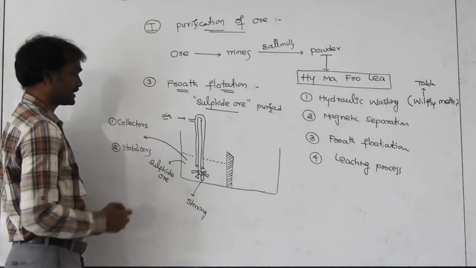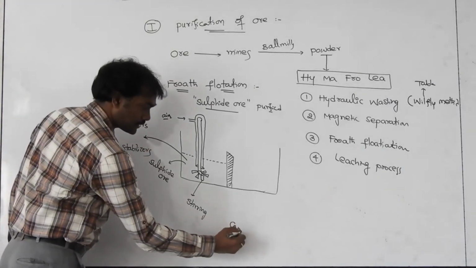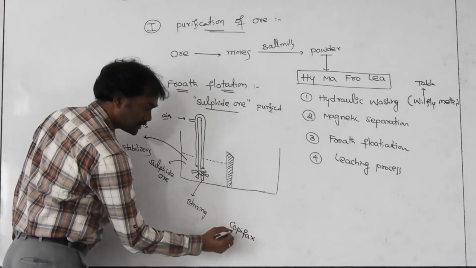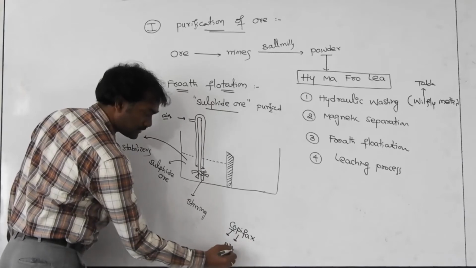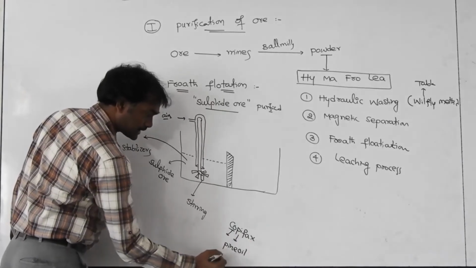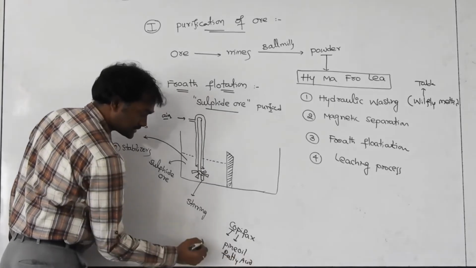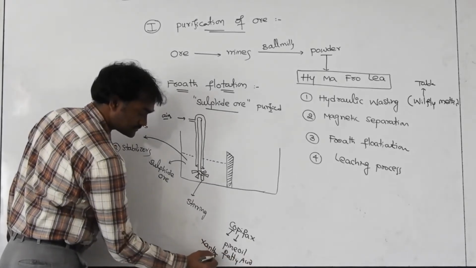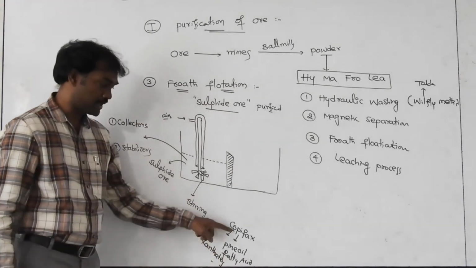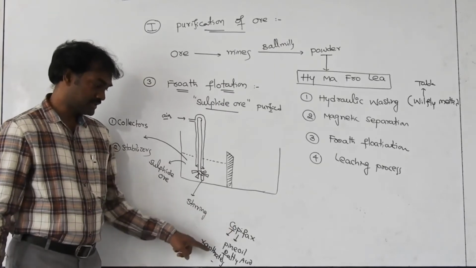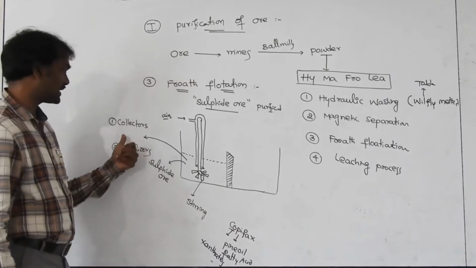What are the collectors? You write as copy facts. Collectors are pine oil, next fatty acids, next xanthates. In your entrance, this is important. So collectors, copy facts: remember pine oil, fatty acids, xanthates.